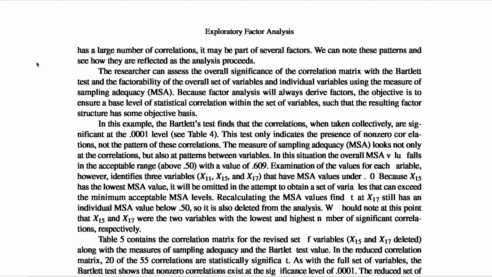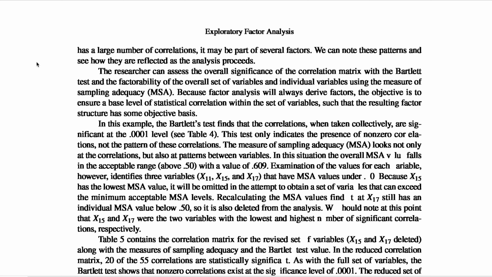In the example of the Bartlett test, we find that the correlations, when taken collectively, are significant at the 0.001 level. See Table 4. This test only indicates the presence of non-zero correlations, not the pattern of these correlations. The measure of sampling adequacy, MSA, looks not only at the correlations but also at the pattern between variables.